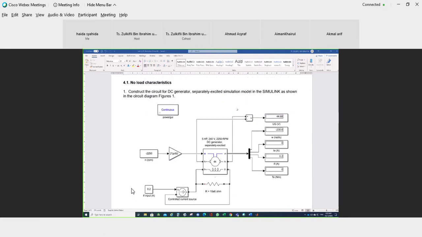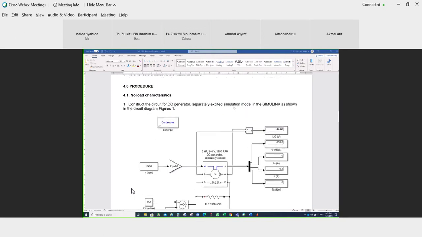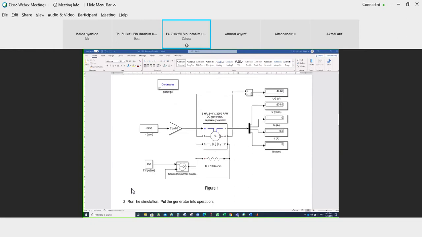Alright. So tadi this is the voltage measurement, and ini adalah the current source. Kalau ikutkan dekat lab kita tak ada current source, so kalau dekat lab kita akan buat macam ni.